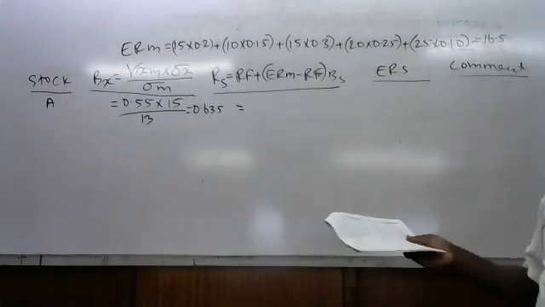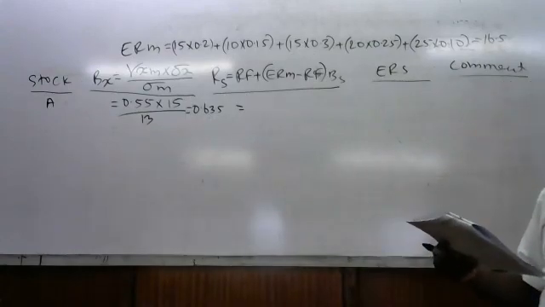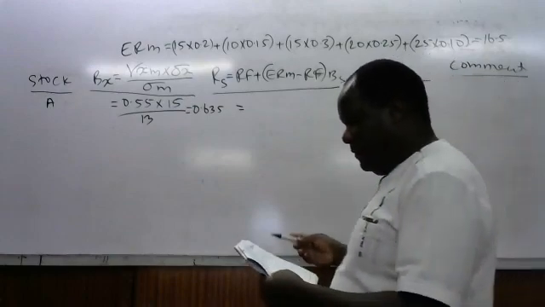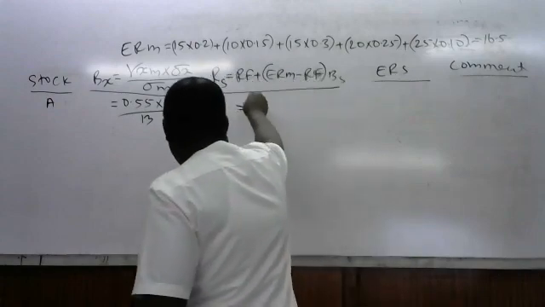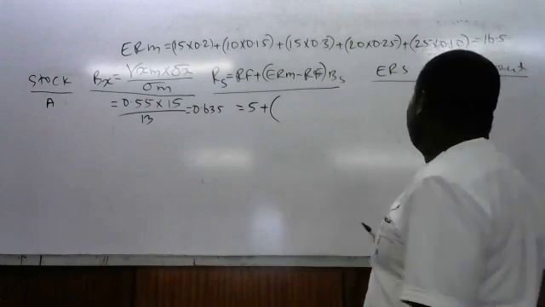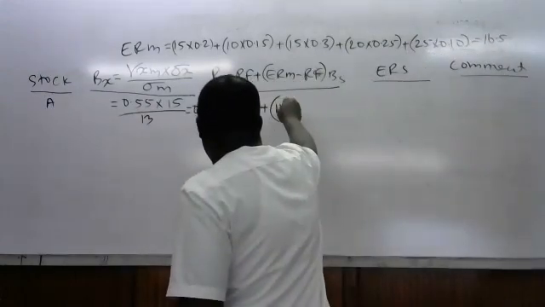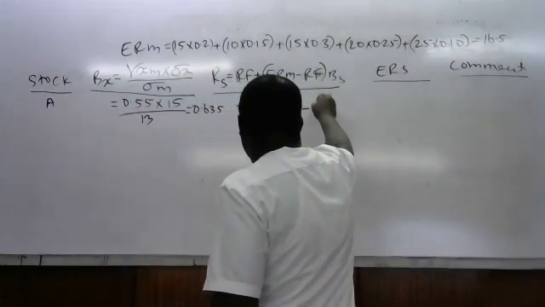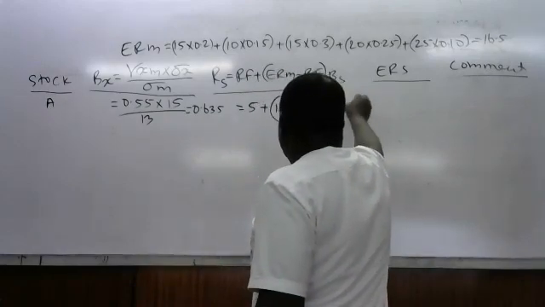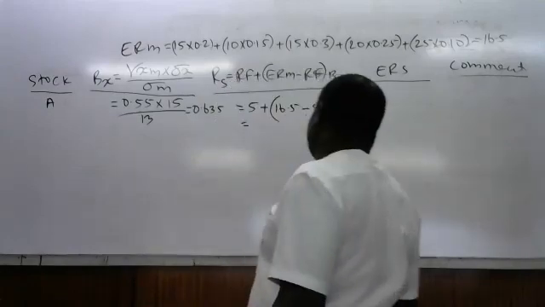So the return for that stock A: risk-free rate 5%, then plus in brackets the expected return for the market we calculated, 16.5, minus 5. So the beta is 0.635.